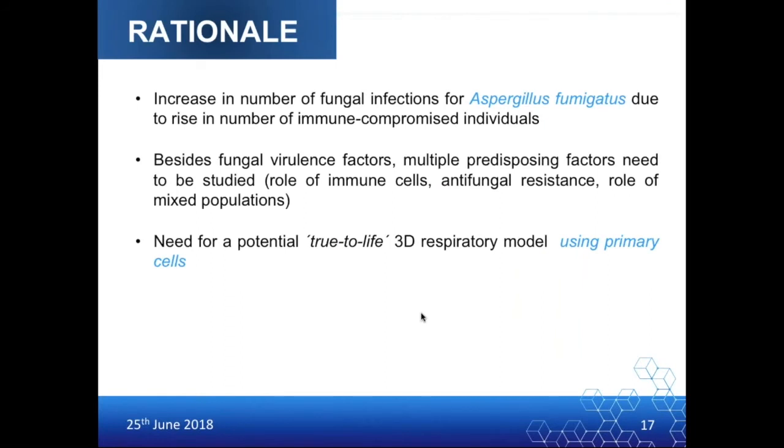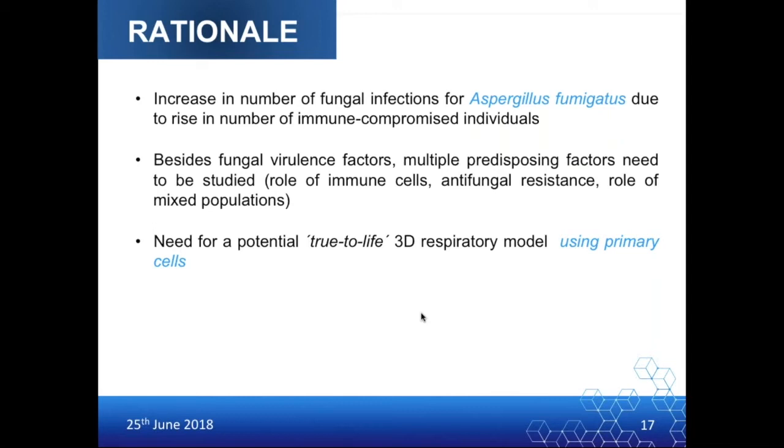That's why we are also interested in pathogenic fungal infections, because there is a massive increase in the number of fungal infections, especially for Aspergillus fumigatus, due to the rise in the number of immune-compromised individuals, which, for example, undergo hematopoietic stem cell transplantation or who are immunodeficient.